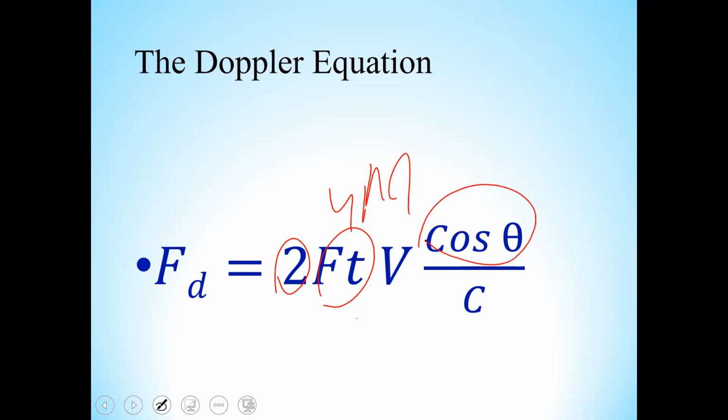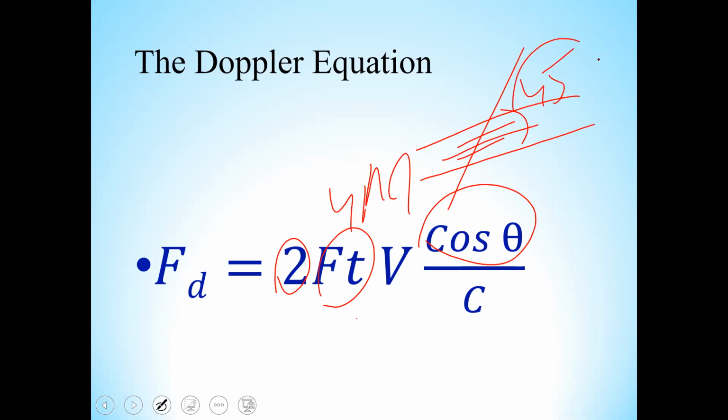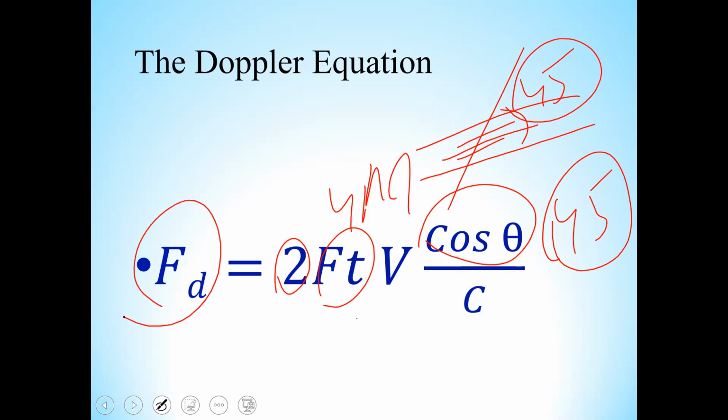Then cosine of theta: for example, we have achieved an angle between the Doppler line and the flow, say 45 degrees. Then we will try our best to keep it at 45 degrees, to not change the value of the Doppler shift.